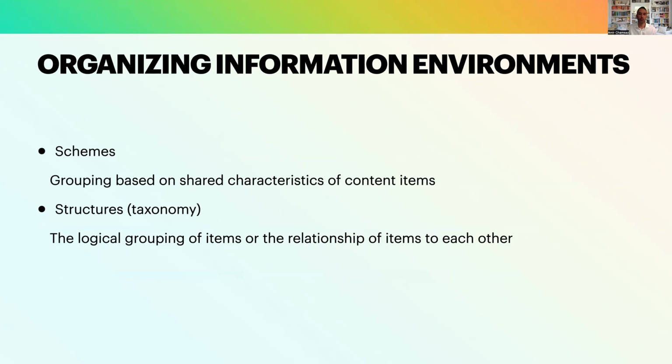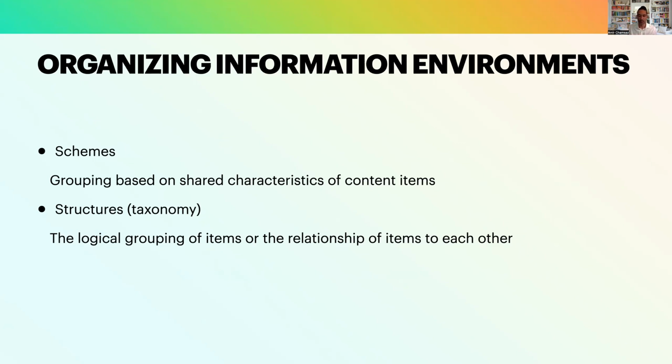So there are two different aspects of an information environment when you're organizing it: the schemes and structures. Schemes are the ways you group things based on characteristics of the content items. For instance, all fruits being grouped together and baked goods grouped together.